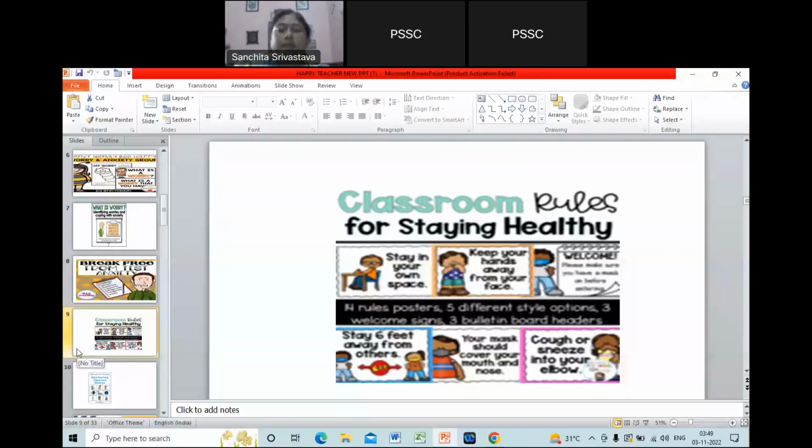Then you have to socially distance a sick child from a healthy child, otherwise the whole classroom will be sick. Then the cough and sneezing etiquette has to be there. So you have to teach them these habits. They are very healthy habits. That is also one of the reasons you can find a happy classroom.